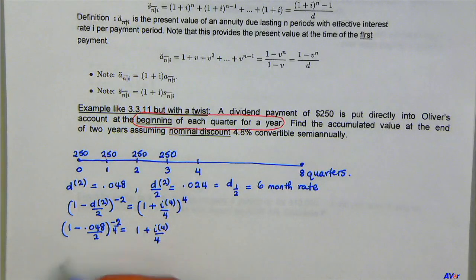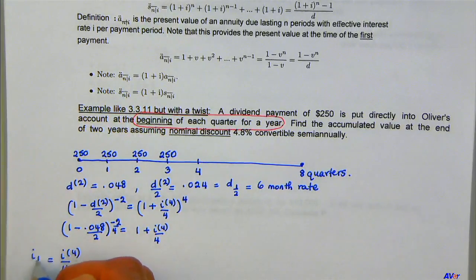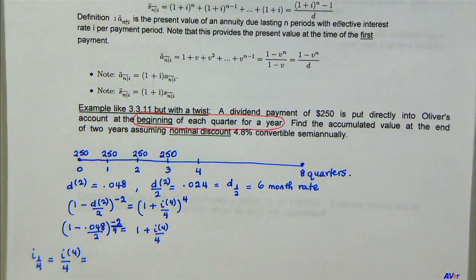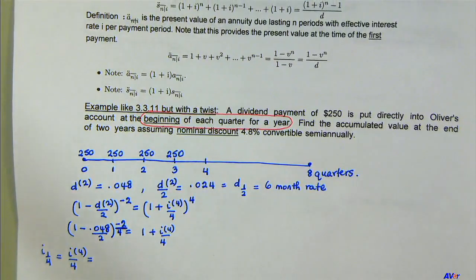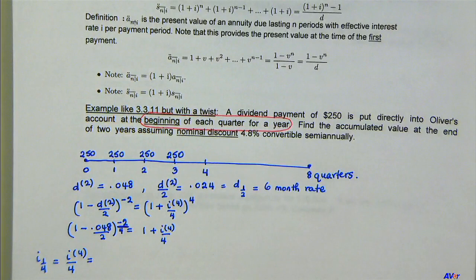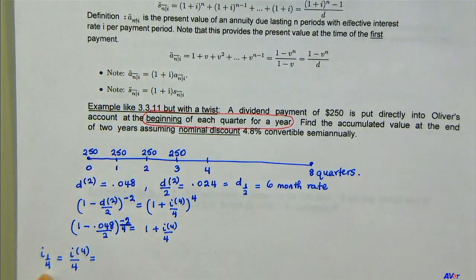I want I4 over 4, which is I 1/4. I'm just asking you to plug this in. And this is a negative 1/2 power over here, because it's 2/4 with a negative exponent. So I'm asking for I quarterly. Can you get me a number for I quarterly?